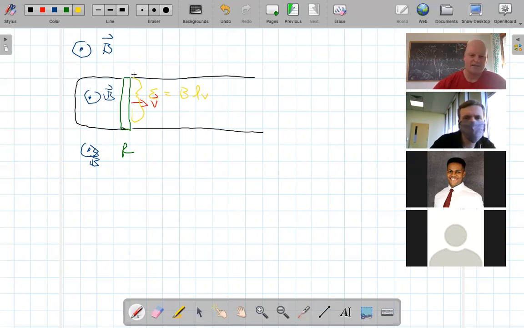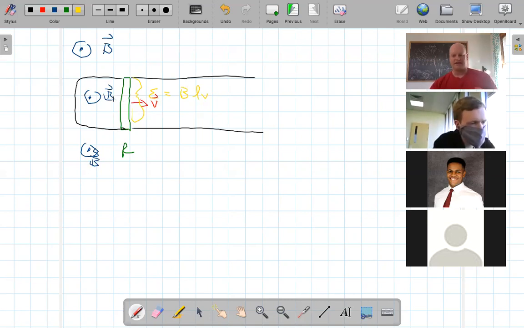Now, since I'm creating a potential source, an EMF, that will then cause current to move through my system. So current then is going to move through the system, which means that now this thing is going to have currents running through it in an external magnetic field, which means it's now going to feel a force. So first of all, let's think about the direction of the currents running through this loop.